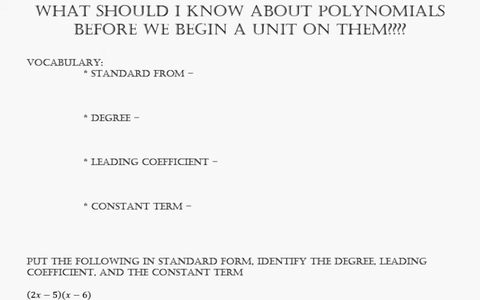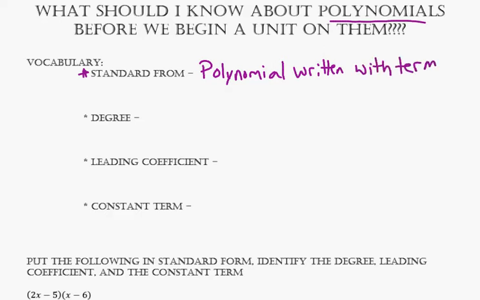Before we start a unit on polynomials, it's important that we go through first and talk about some common vocabulary that we're going to see. So, first thing, standard form of a polynomial. I'm going to define that as the polynomial written with terms or pieces, that's what I mean by terms, in decreasing exponent order.